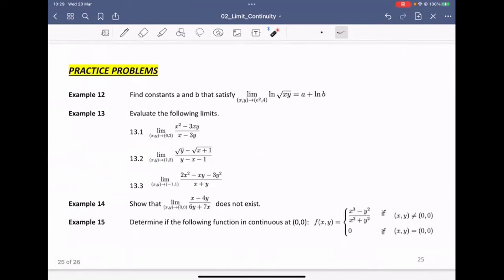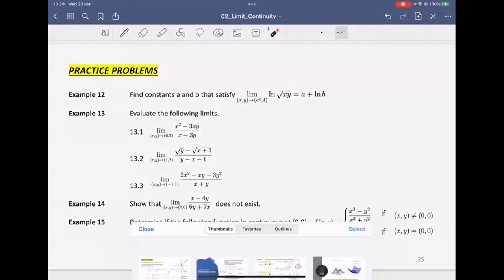I also have the solution of this problem as a video clip, because last year I recorded the solution for each example in a video clip already, so I can give it to you and you can look at the solution after you've tried it. Make sense? So this is a practice problem.